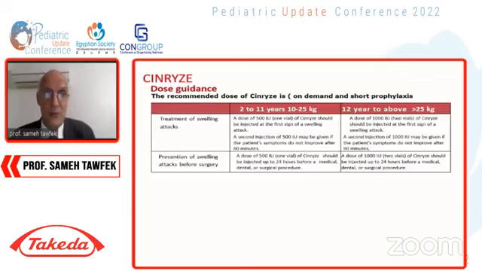Prevention of swelling: a dose of 500, which is a vial of Sunrise, should be injected up to 24 hours before medical or dental or surgical procedures, and double the dose if child is more than 12 years or above 25 kilograms.